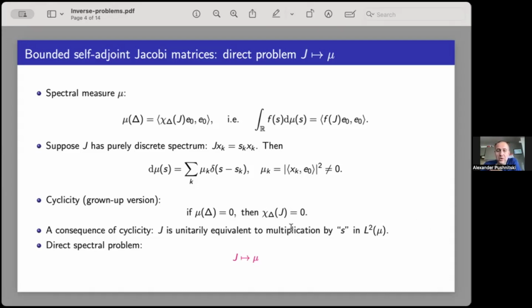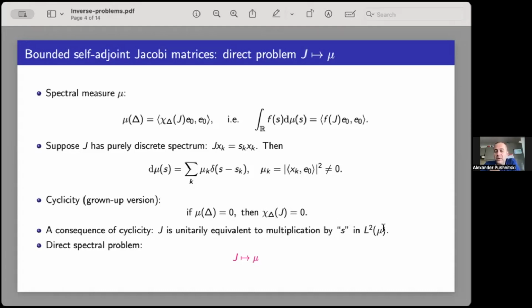Okay, so from some kind of abstract operator theory, it follows from this cyclicity that our operator J is unitarily equivalent to multiplication by the variable s in L2 of mu.